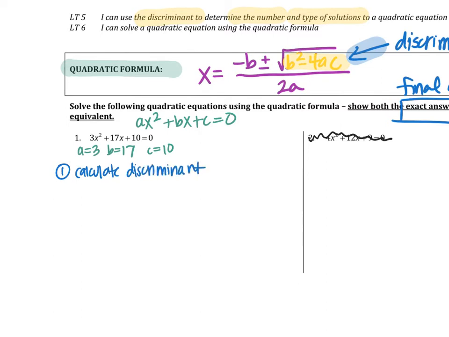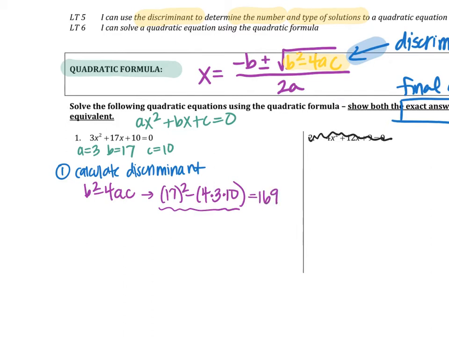As we said, the discriminant is b squared minus 4ac. So we're going to take 17 squared minus 4 times a times c. We're going to type it into our calculator exactly as we see it there, and let's see what we get.